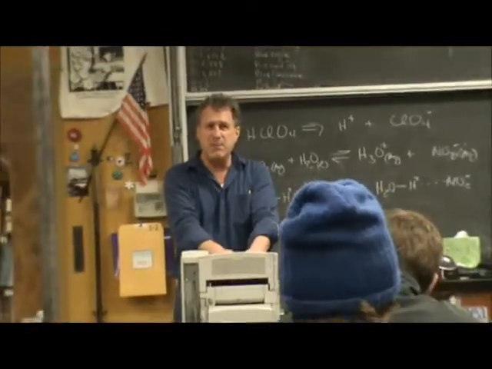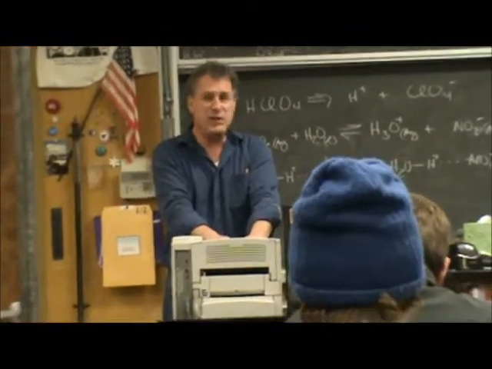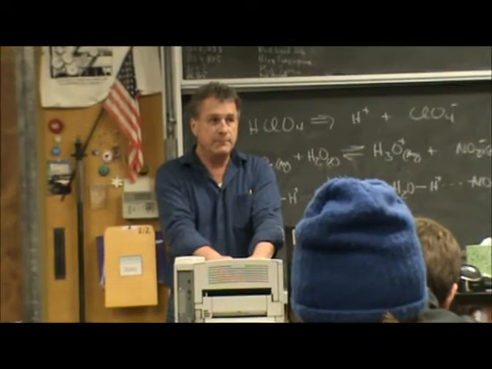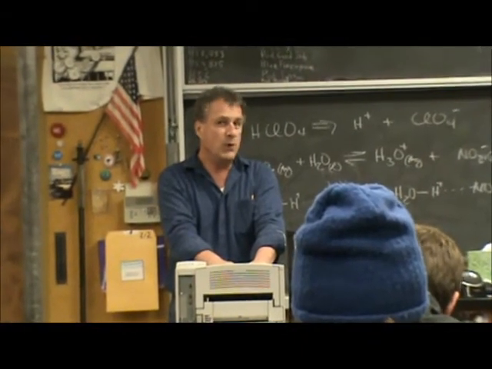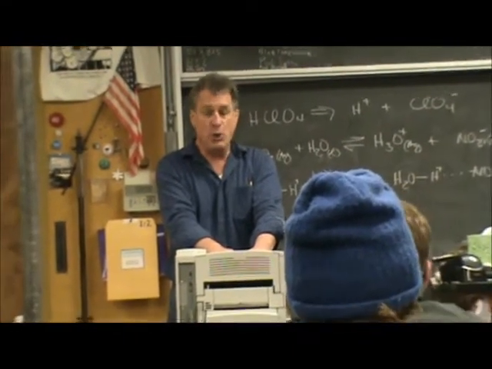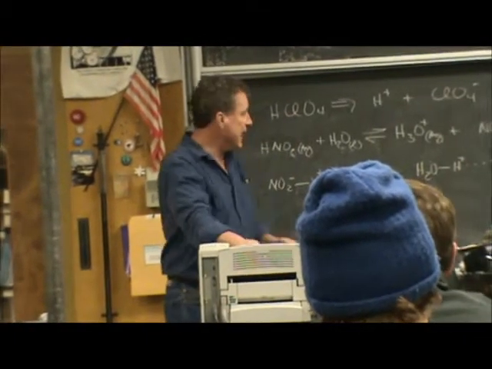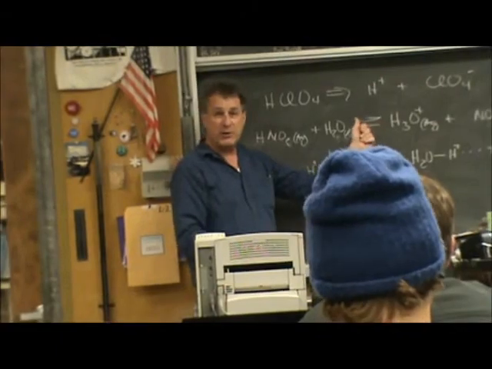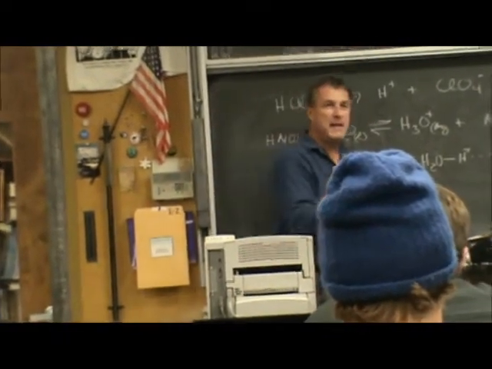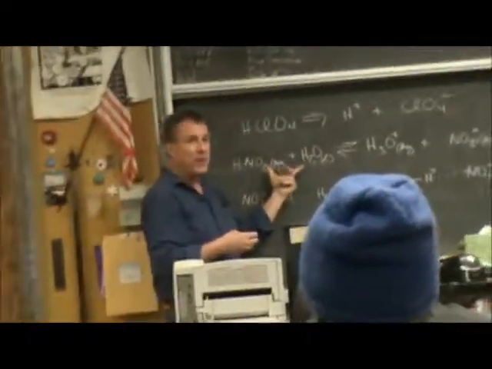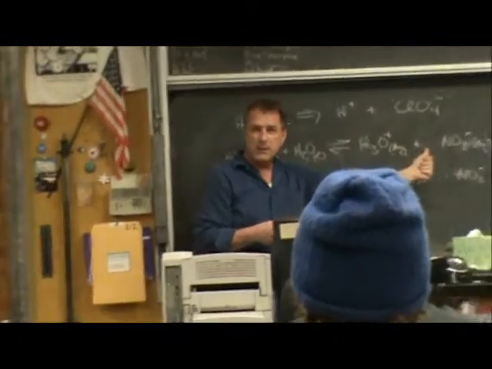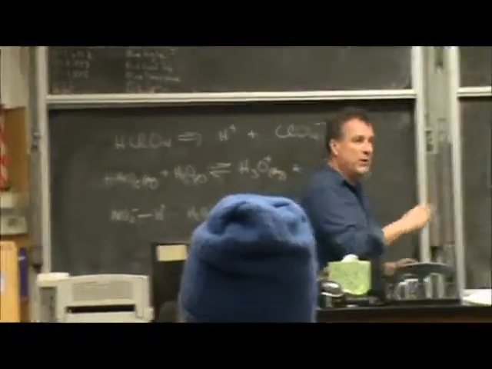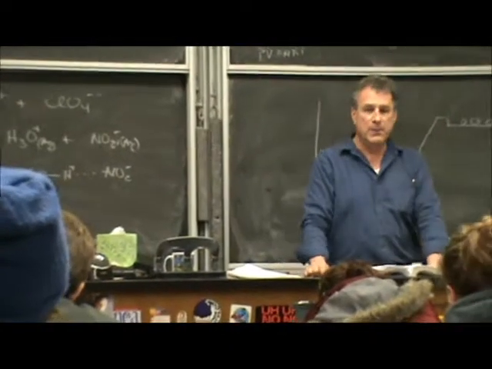But the balance doesn't mean we have equal amounts on each side of the arrow. Which way does the reaction want to go? In this case, it would prefer to go in the backwards direction rather than the forwards direction, right? Doesn't mean it's all going to go backwards and we'll end up with all of this and none of that, right? Because we also have the forward direction that is producing the products.